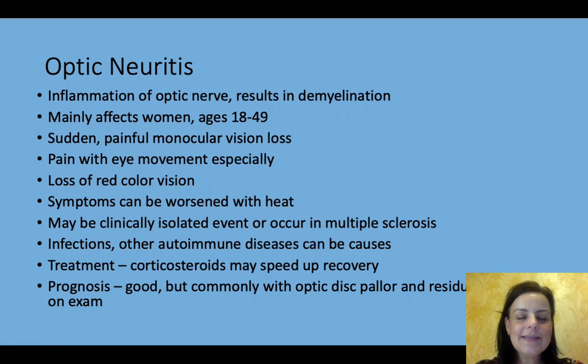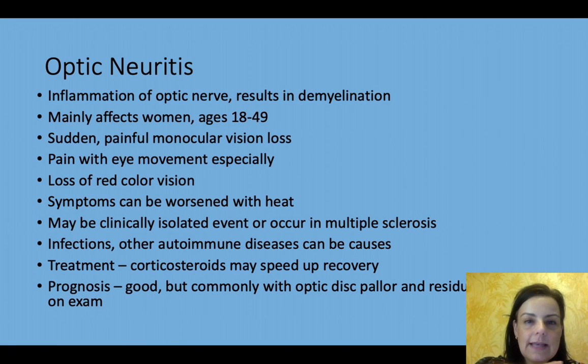Okay, so optic neuritis. The optic nerve, cranial nerve 2, is actually part of the central nervous system. I know it's a cranial nerve, but it's part of the central nervous system. And as such, it's myelinated by oligodendrocytes. And so if you have a disease like multiple sclerosis that attacks oligodendrocytes, you can get optic neuritis, and it can affect the optic nerve.